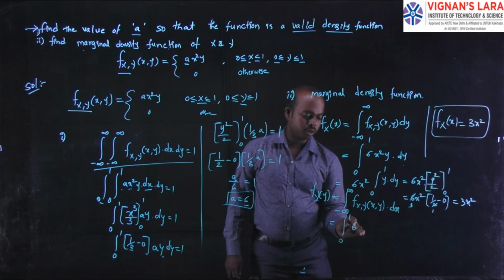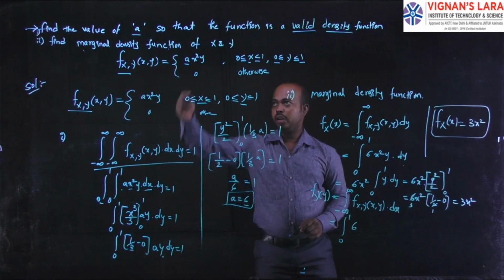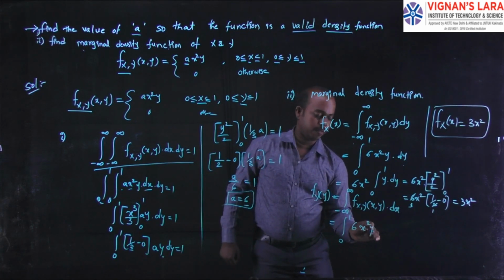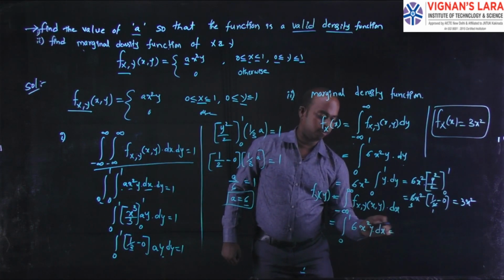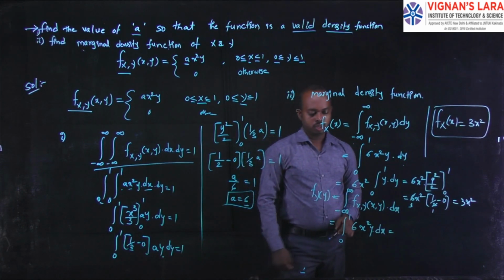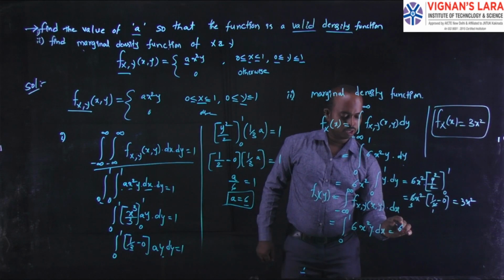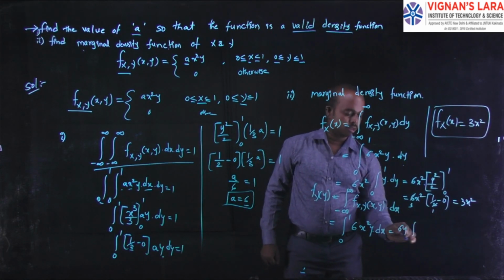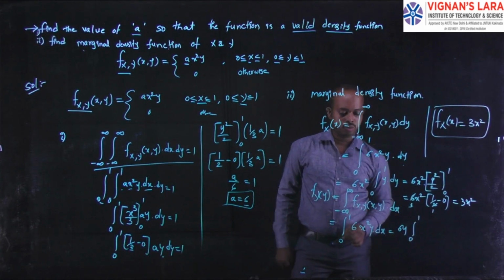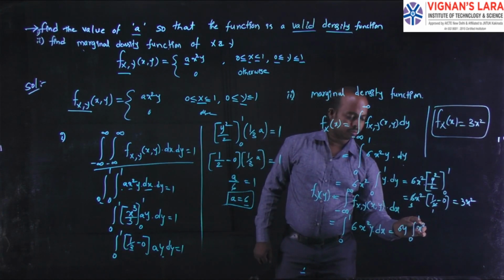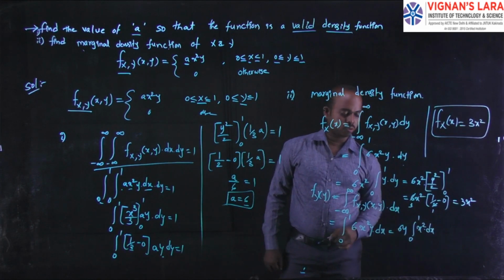The joint density function is 6 into x square y. Here we are making the integration with respect to x. That's why y and 6 are both constants. So I'm writing 6y outside the integration and the remaining is the integral from 0 to 1 of x square dx.